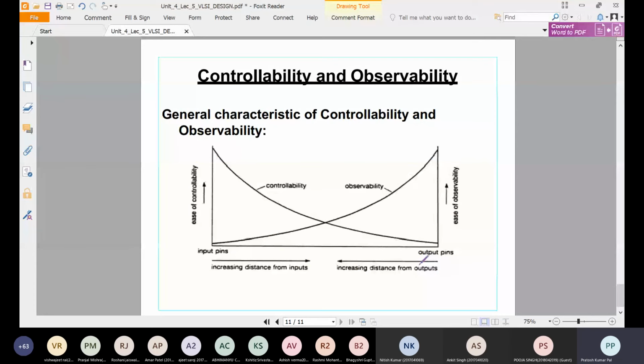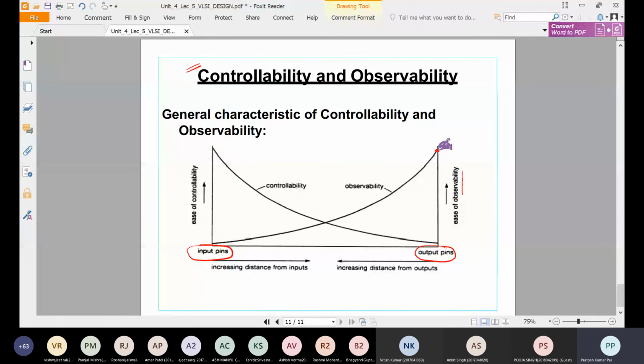We should be considering the relation between observability and controllability. Controllability is observed at the input pins or primary inputs, and observability is considered at the primary output. At the primary outputs, observability will be high.